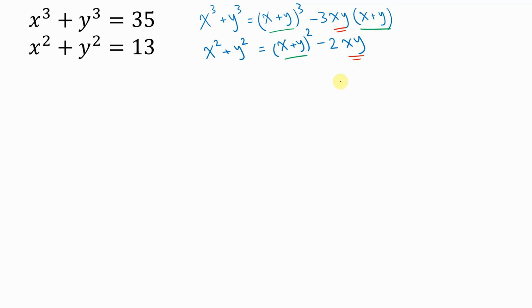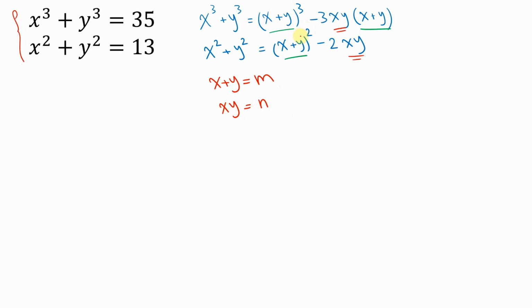Now, for the sake of simplicity, I can define x plus y as a new variable such as m, that we're looking for, and xy as a new variable like n. Now I'm going to rewrite these equations in terms of m and n.